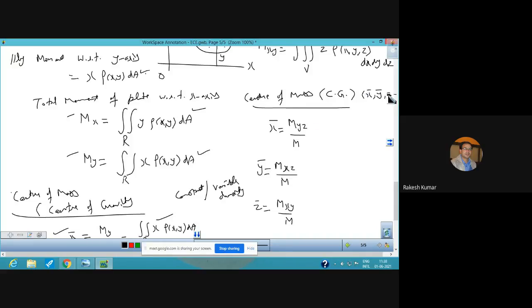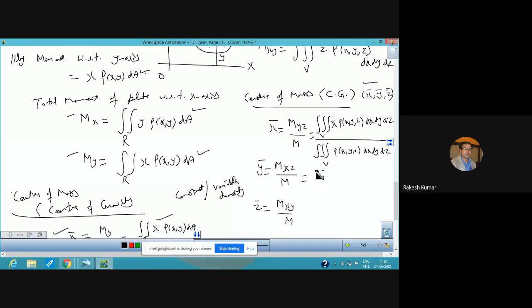These are x bar, y bar, z bar for a solid, and you can have the formulas: triple integral over V of x rho(x, y, z) dx dy dz divided by the mass, and the mass is the triple integral of rho(x, y, z) dx dy dz over V.